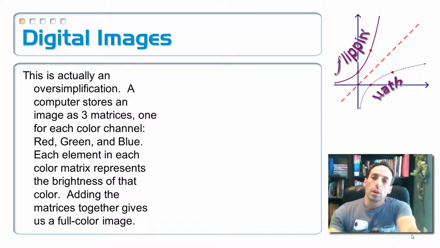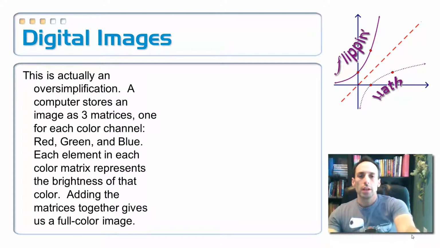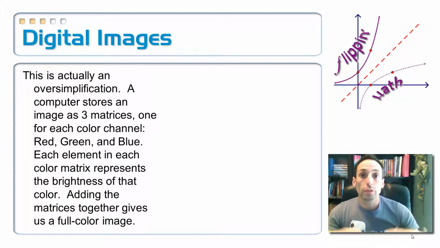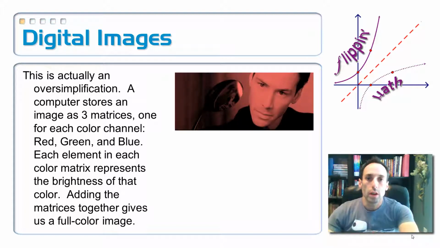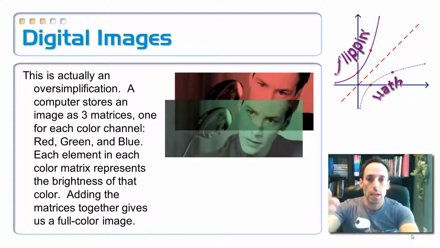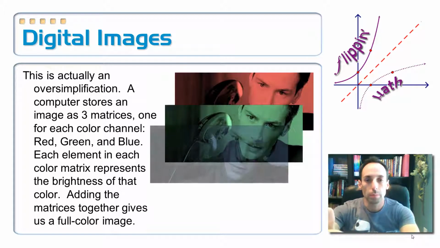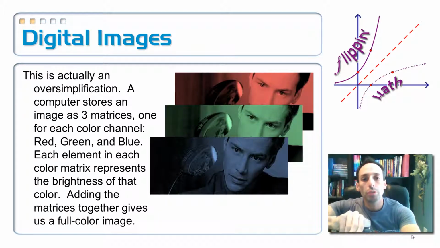Okay, like I said, that's an oversimplification, and that was just black and white. But really, pictures have a whole bunch of colors. So any image is actually composed of 3 matrices, one for each color channel. You have a red, a green, and a blue, which is why you often see RGB in terms of colors for monitors. So you have a red color channel, plus a green color channel, plus a blue color channel, and you add all 3 of those together.